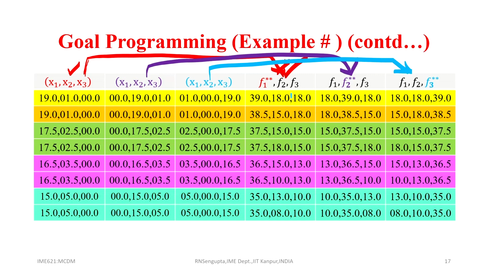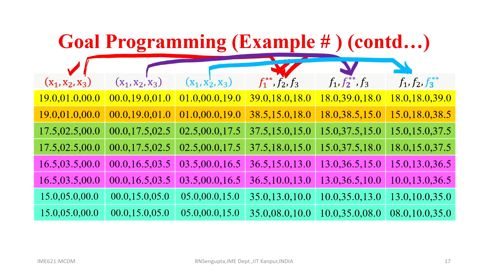Here 18, 18 are the values for the constraints corresponding to the second and the third, which was basically 40, because it was delta 2, delta 3. Depending on the values of delta 2, delta 3, we obtained f2 minus delta 2, f3 minus delta 3, and those values are 18, 18.